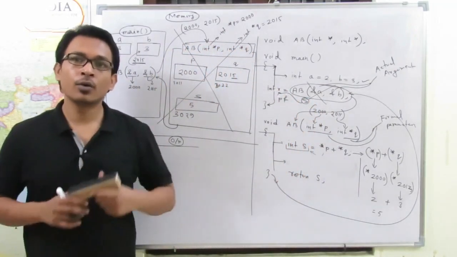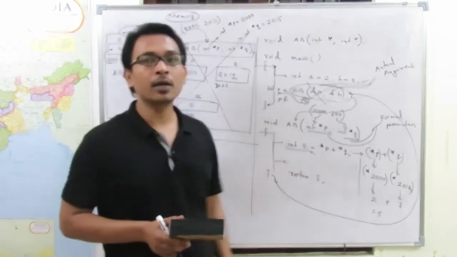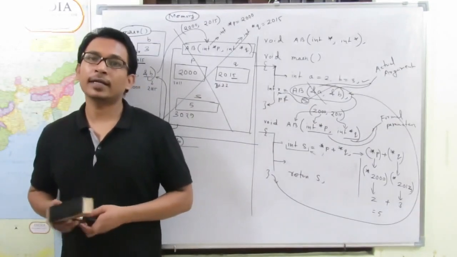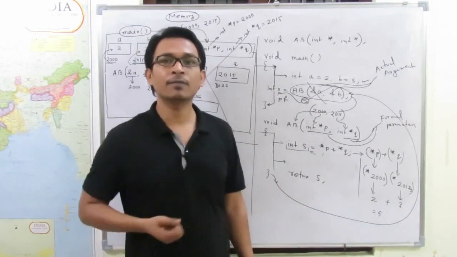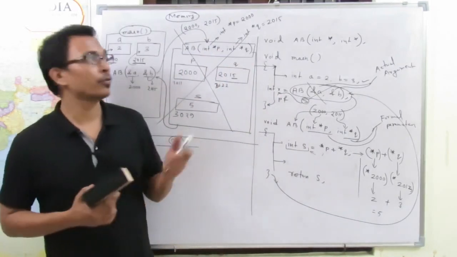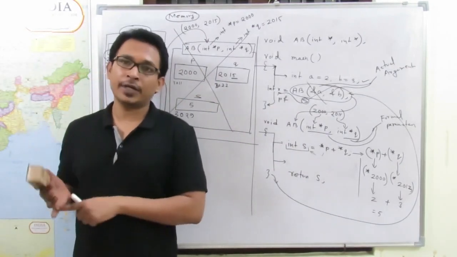That is how we can receive the returned value. Whenever any function returns any value, at that time we need to receive that value with the help of this concept. Clear?